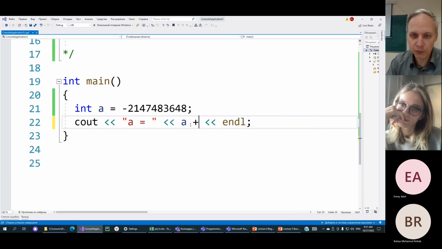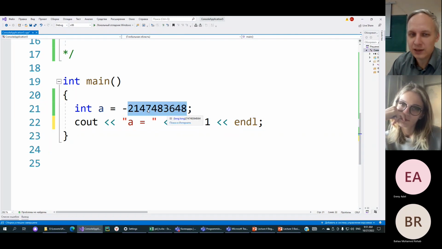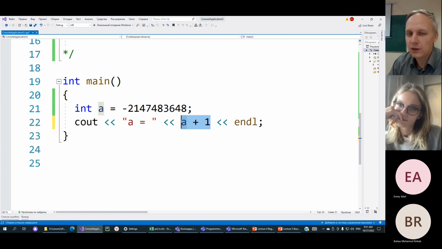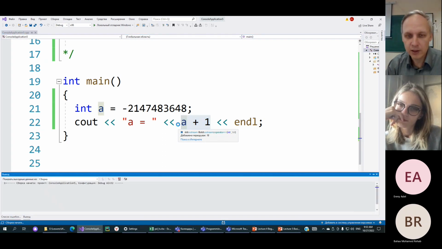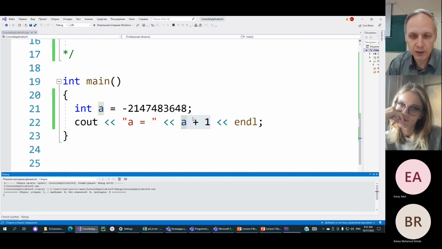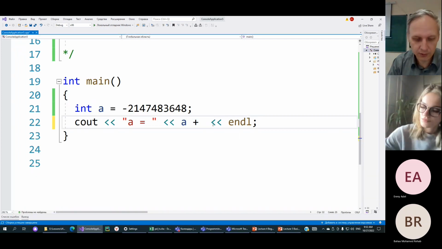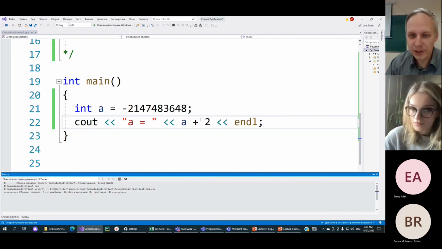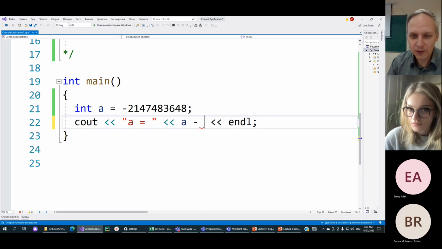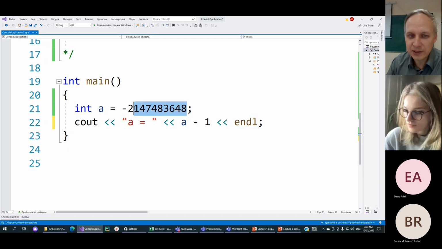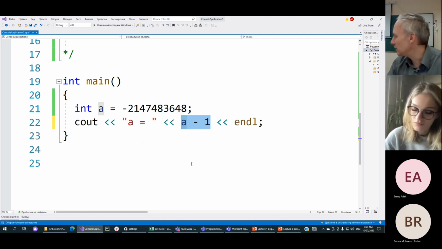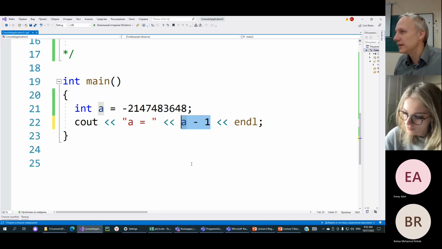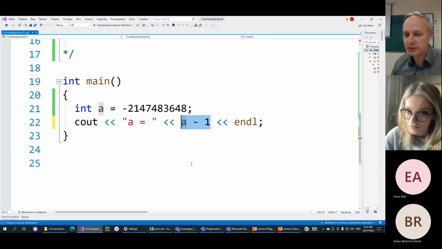If I output here a plus 1, this negative number plus 1, yes, we will see this number and 7 in the last position. Plus 2, we see 6. But what happens if minus 1? As far as this number is the smallest, when we subtract, the result will be unpredictable.